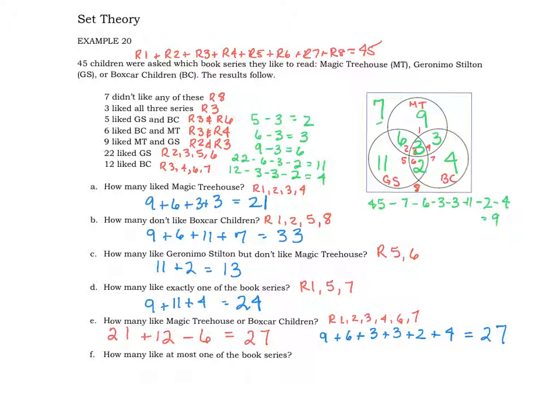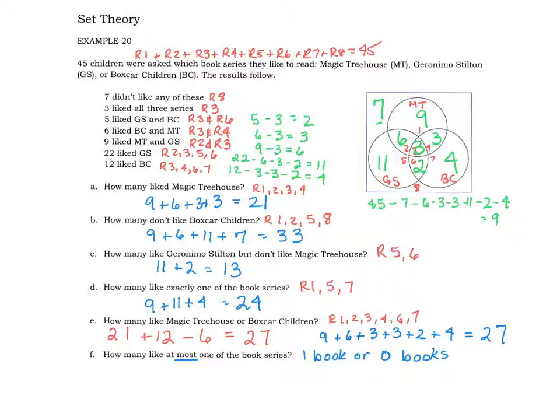All right, when they ask us how many like at most one of the book series, so most is all that they would like. So they can like one book or no books. Okay?